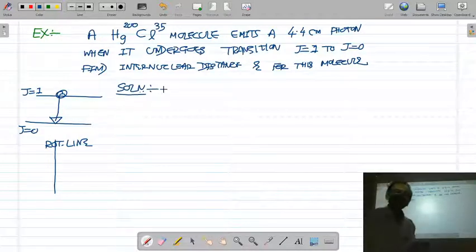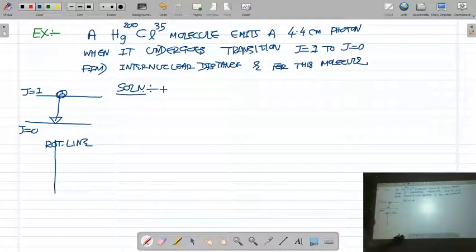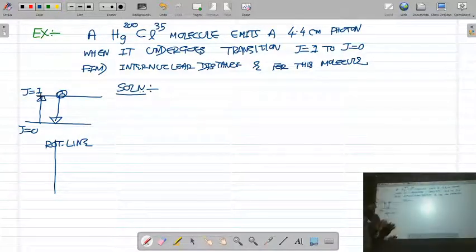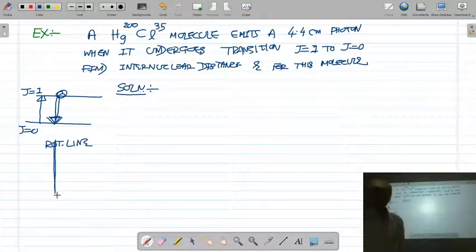See, in the previous example we have seen that when a molecule goes from lower level J is equal to 0 to J is equal to 1, it gives the first rotational line, which is called an absorption line. In this example, the molecule makes a transition from upper level J is equal to 1 to lower level J is equal to 0, so it gives the emission line. So there are two types of spectra, absorption spectra and emission spectra.